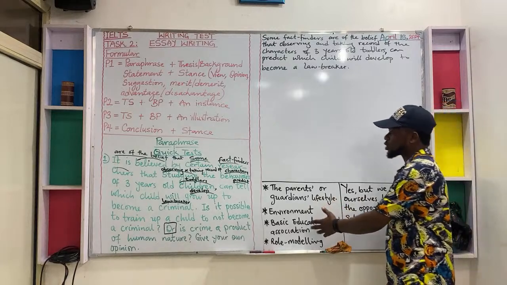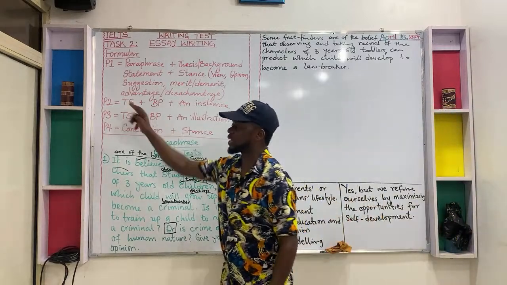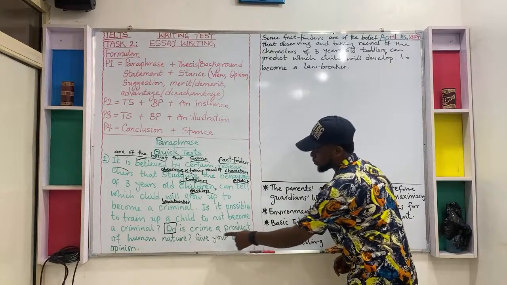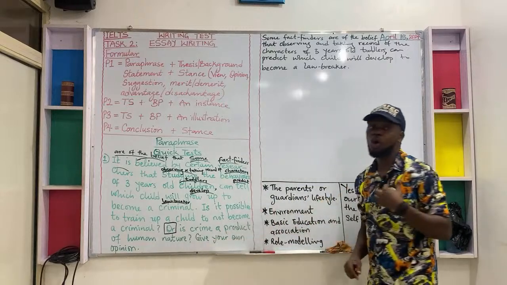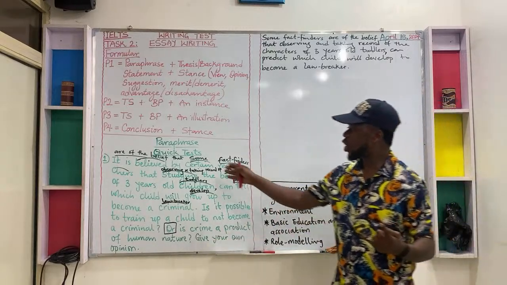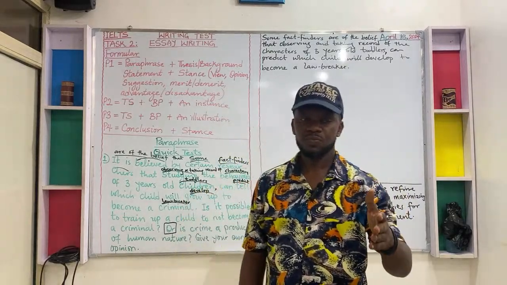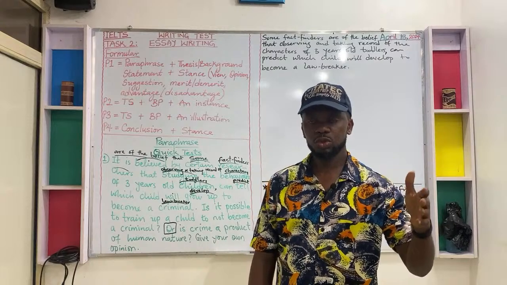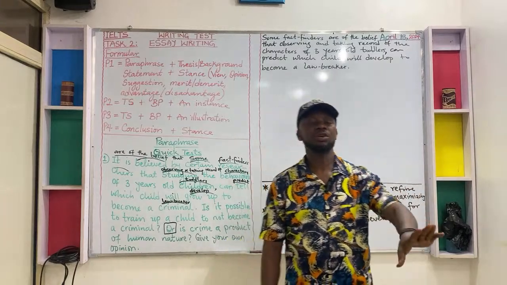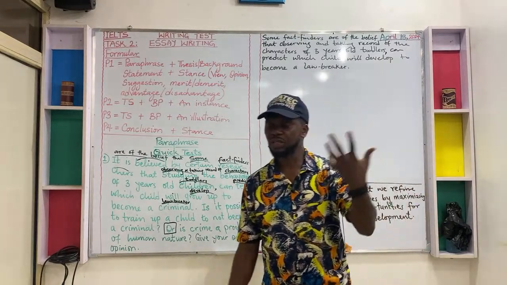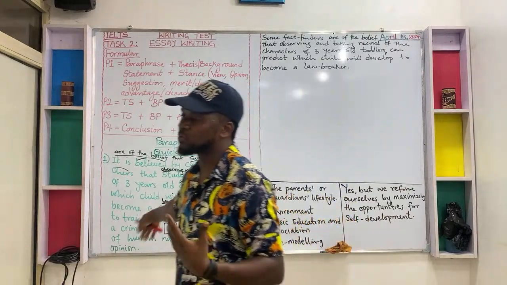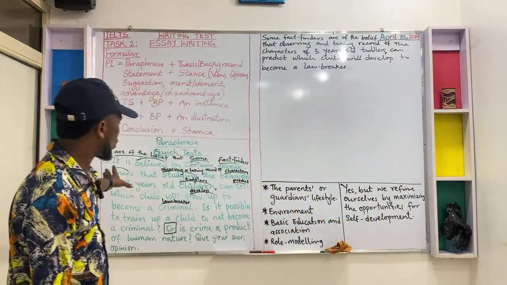And these points will be discussed in paragraphs 2 and 3. Then the next thing we are supposed to do is to give our own opinion on the issues raised. So I asked that you should proffer an opinion. Let's see what you feel can be done about this concern raised.